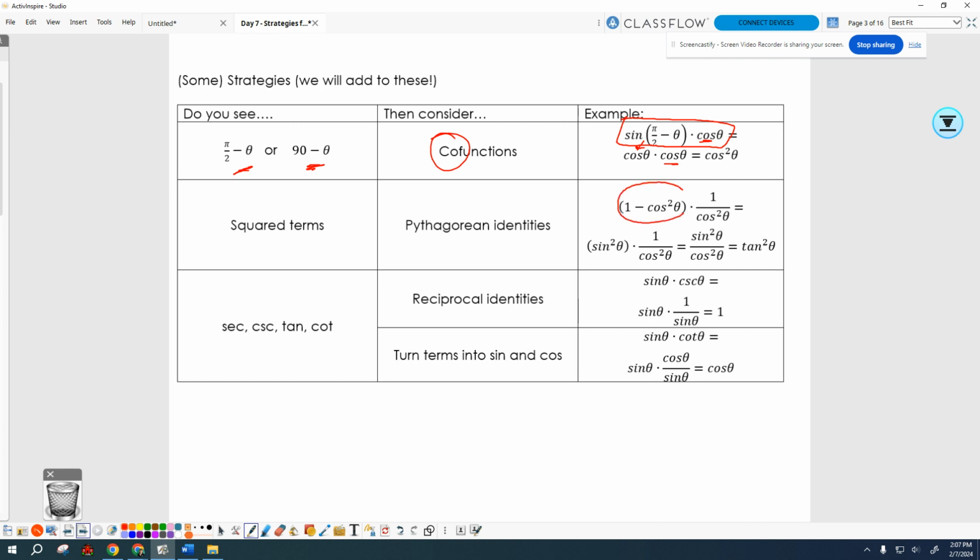This guy, the trig identity: sine squared plus cosine squared equals 1. Subtracting cosine squared on both sides, 1 minus cosine squared is sine squared, so we're going to get rid of this and put in what it's equal to. Does that make sense? This becomes sine squared over cosine squared, which is tangent squared. Is that crazy?